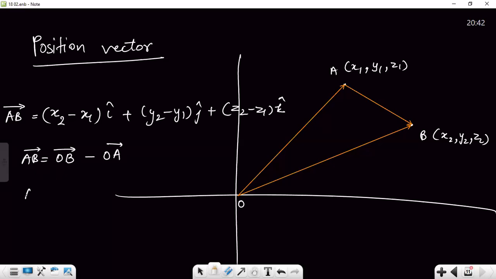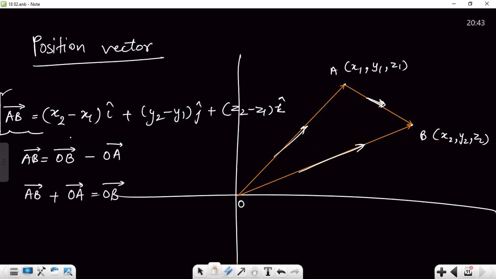If I rewrite it, OA vector plus AB vector equals OB vector. This is the triangle law of vector addition.